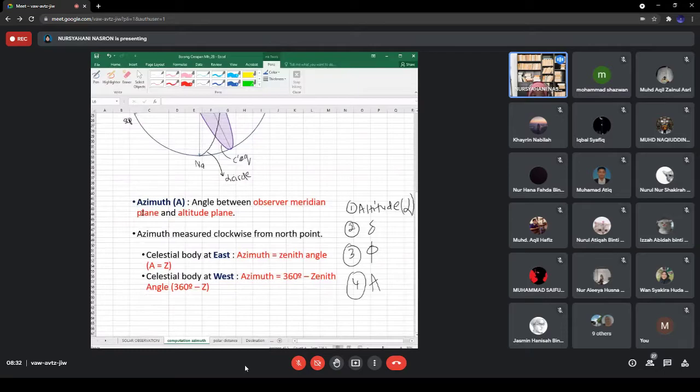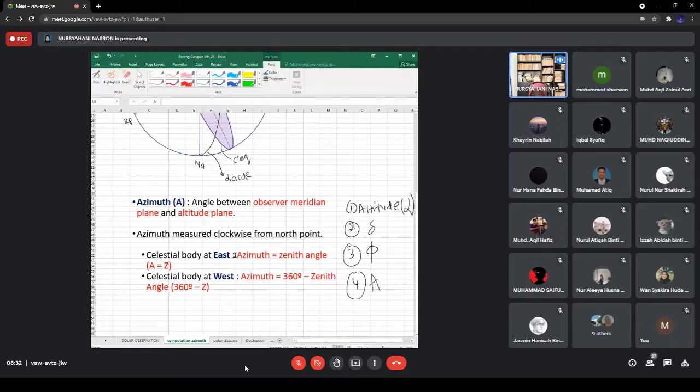Azimuth is the angle between the observer meridian plane and the altitude plane. Because the sun is rising and setting, we have two sides of the sun, when the sun is at the east side and when the sun is at the west side.